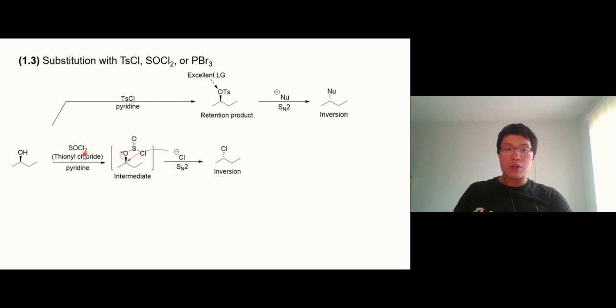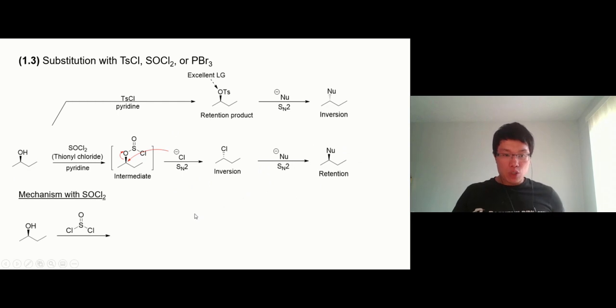But when you use thionyl chloride, there's a nucleophilic SN2 attack on the alpha carbon. So the chloride is going to give inversion already, not retention like the TsCl. Right here, if you add a new nucleophile, you're going to get a retention product, the same stereochemistry, because we do SN2 twice on the alcohol.